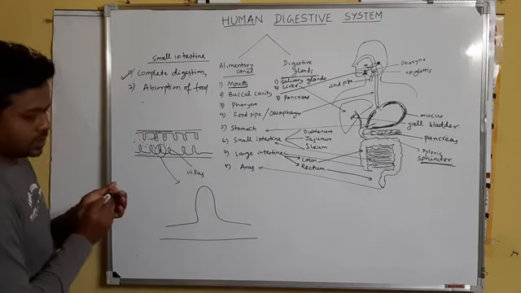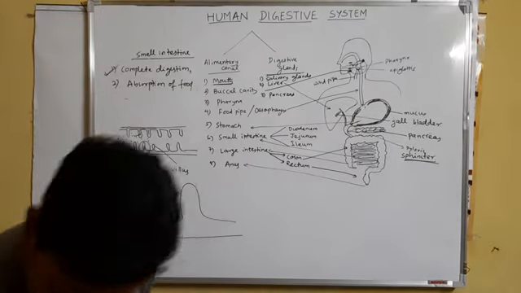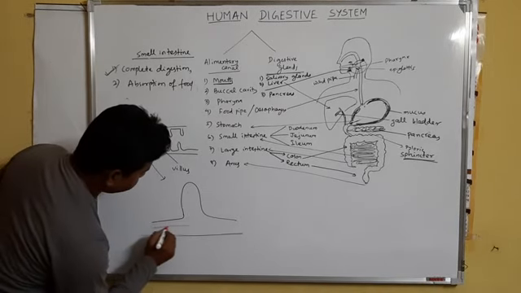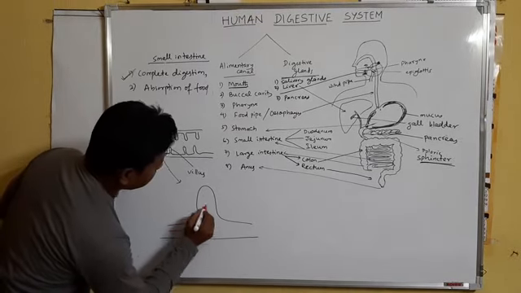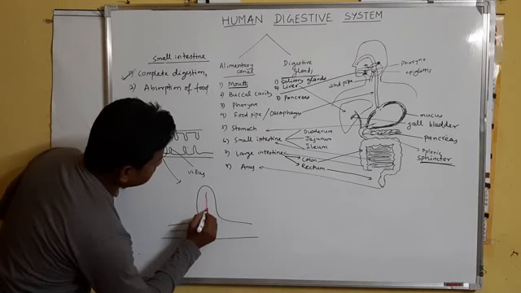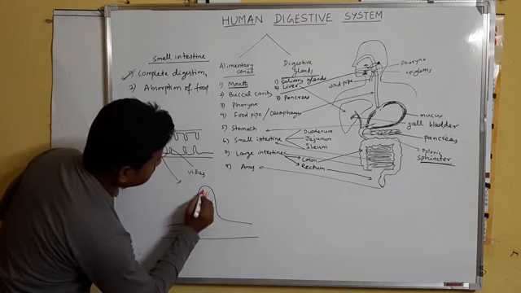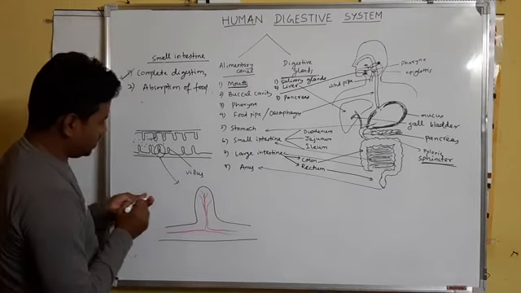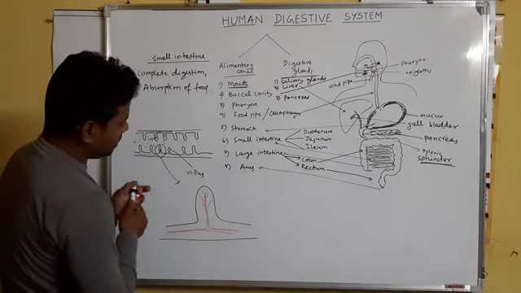Here what happens, this is the blood capillaries, and here the food is there.